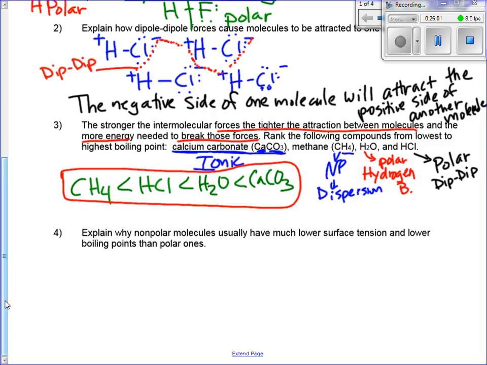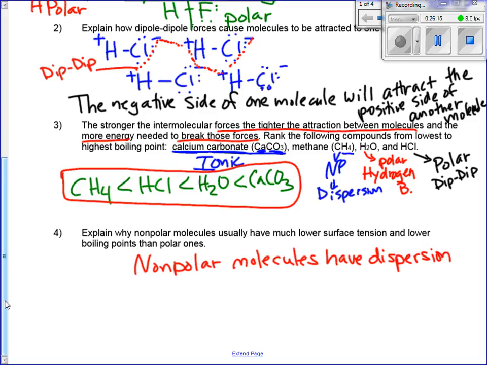So we know that nonpolar molecules have dispersion forces.